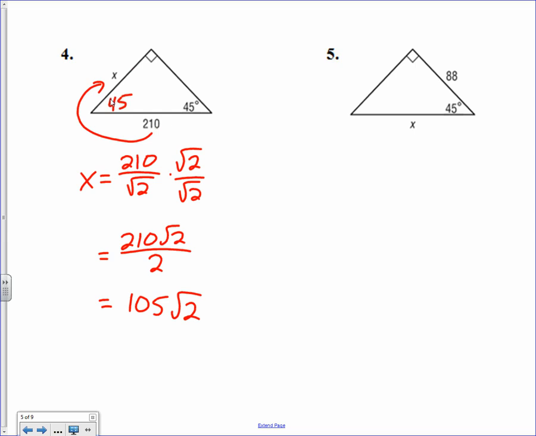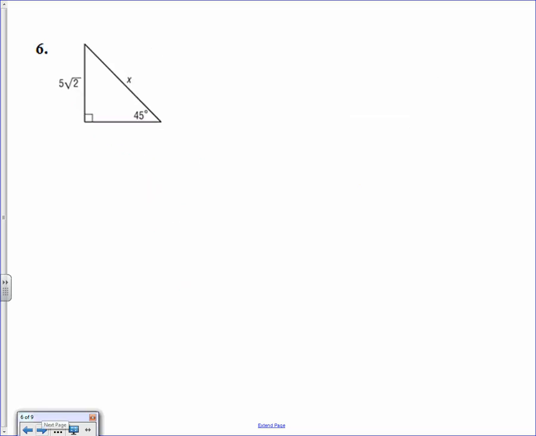Again, hopefully you have number 5 done as well. Again, 45, 45, 90, this time going to the hypotenuse. So we just multiply by the square root of 2. And number 6 then, we're going from a leg, that's one of the shorter parts, to the hypotenuse. So we are multiplying by the square root of 2.